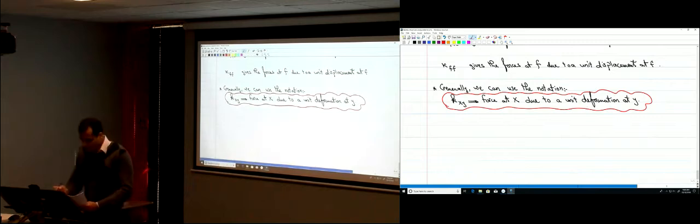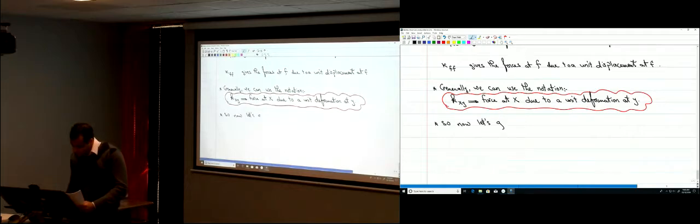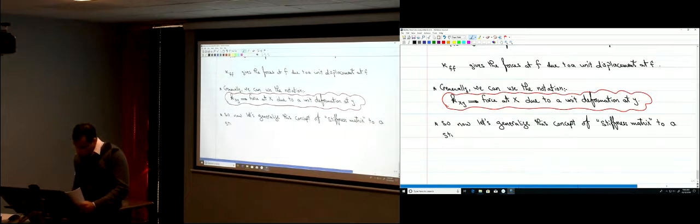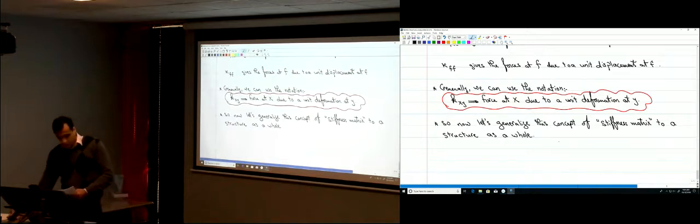So now we would like to generalize this concept of stiffness matrix to a structure as a whole, not just an element. We want to write this for an entire structure.